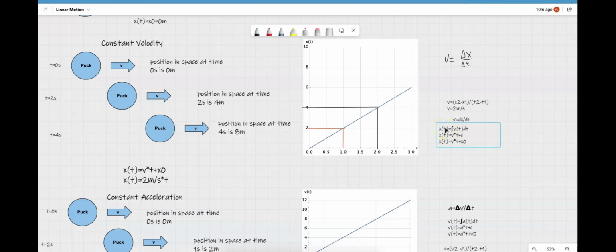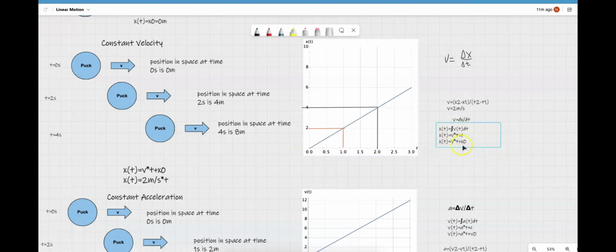Then our equation for x of t should be the integral of this velocity equation over time. Velocity is a constant in this case, as we've established, so we can just put v times t for the integral and then add a constant c. And then that is our equation, where if we plug in x equals 0, that'll be 0 in this case.